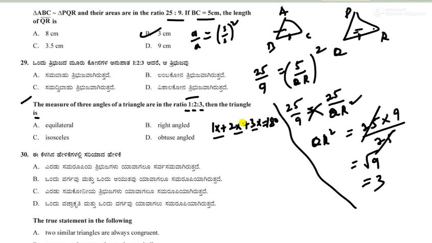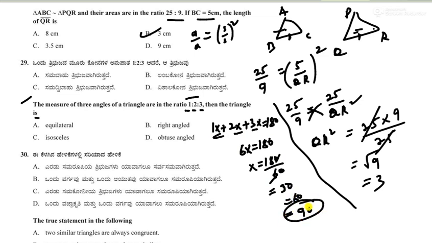So when you add them, this becomes 6x equals 180. So x is how much? 180 by 6, which is equal to 30. So this is 30, double is 60, and triple of 30 is 90. So since you have one angle as 90, we can say it is a right angle triangle. Okay, so option number B is the correct answer.